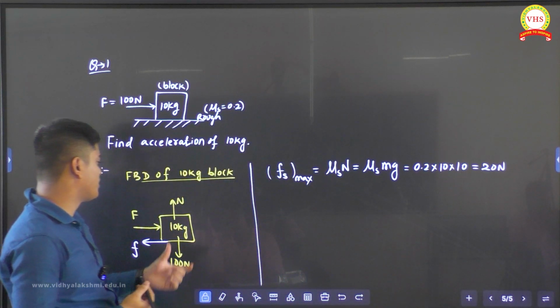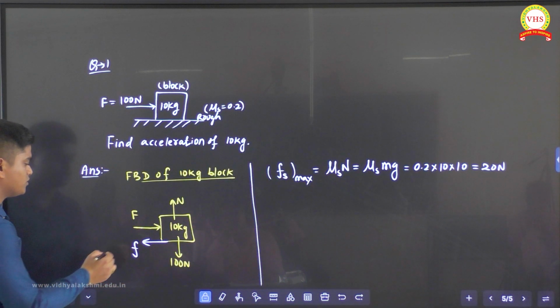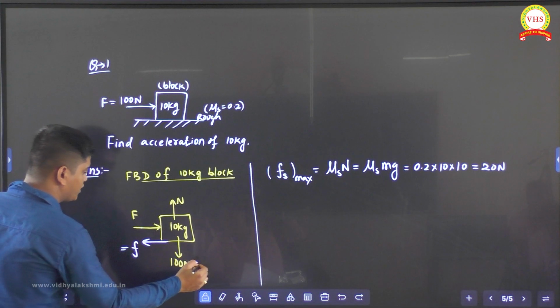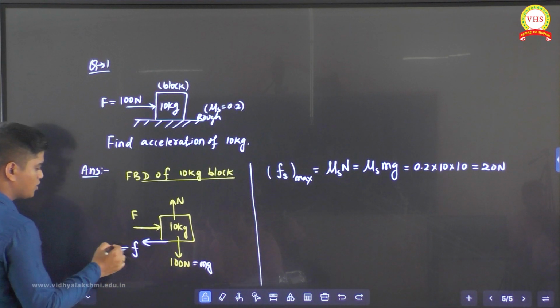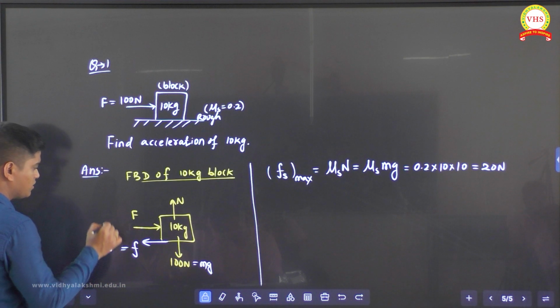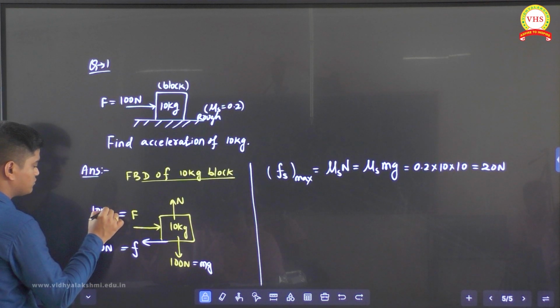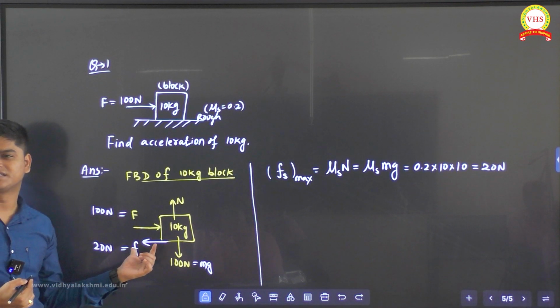Fs max, the maximum friction value acting, is 20 Newton, and the applied force is 100 Newton. Now can you find the acceleration?